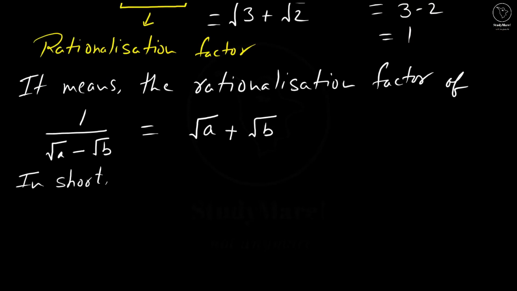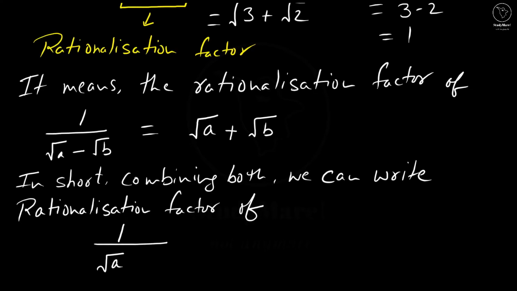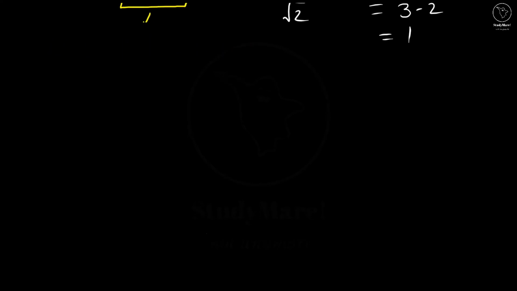In short, we can combine the two and write the rationalization factor for 1 by root a plus or minus root b is equal to root a minus or plus root b. We can use this to easily rationalize the denominators of all the similar numbers. Now, let's understand this concept of rationalizing the denominator with the help of some simple examples.